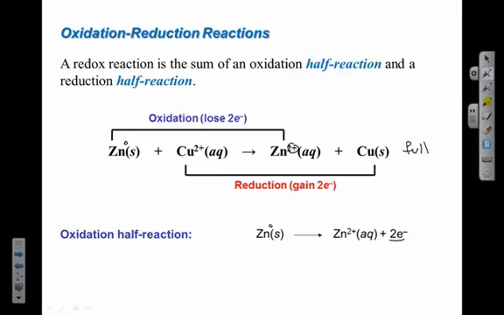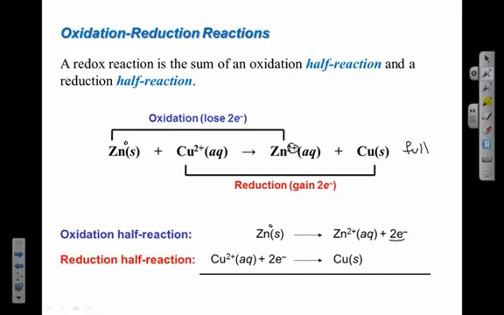And then the reduction part of that is what's happening with the copper. So the reduction half reaction is that the copper picks those 2 electrons up. So in this particular example, the number of electrons that zinc has a tendency to lose is 2, and the number of electrons that copper has a tendency to pick up is 2.